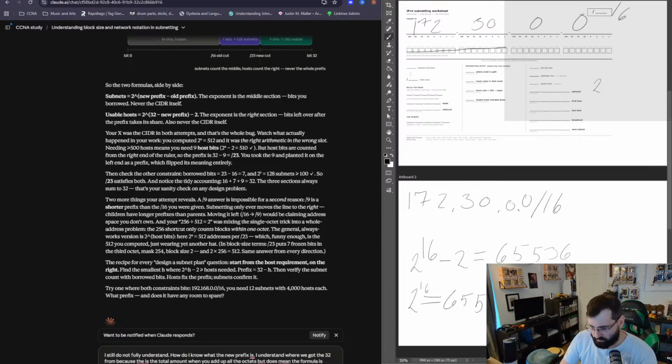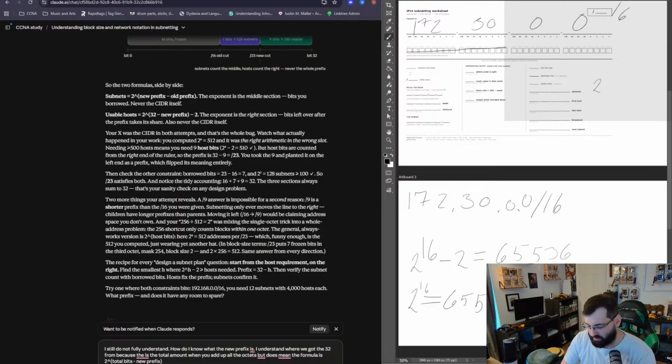Number of hosts does not care if it is a usable address or not. And it is the CIDR that calculates the number of addresses.